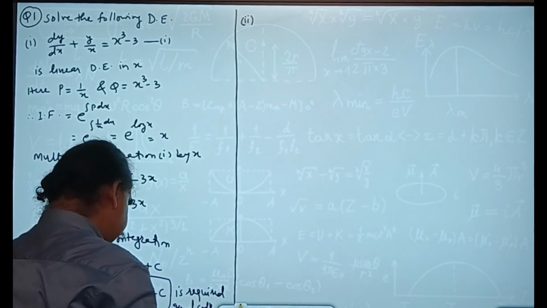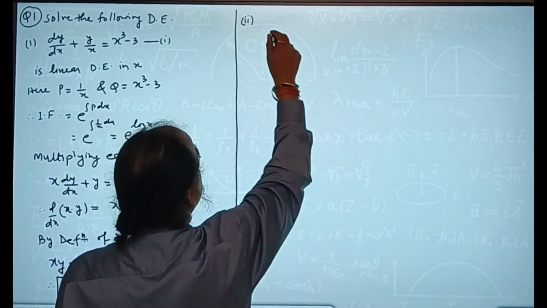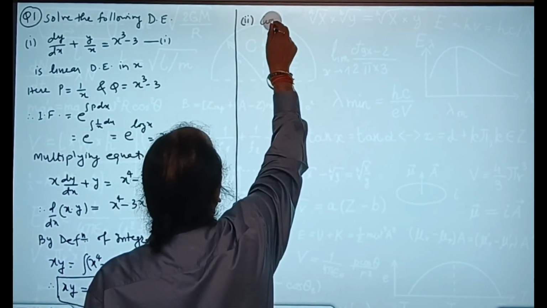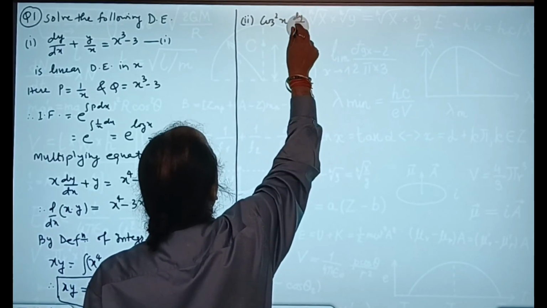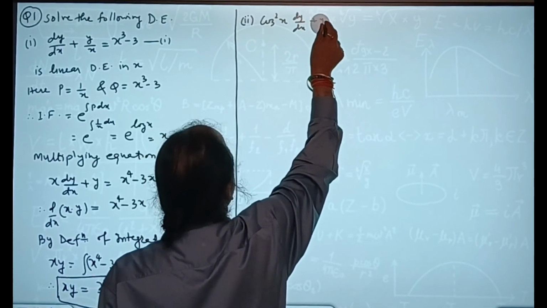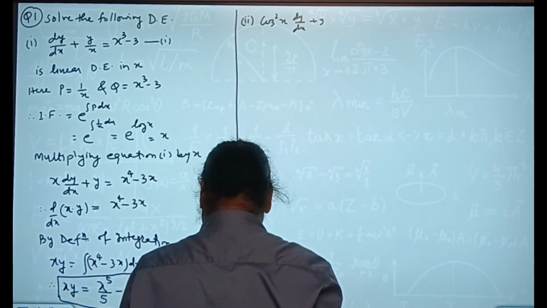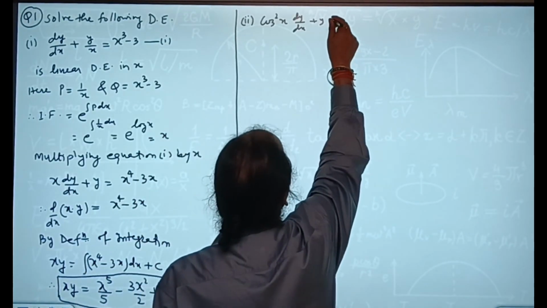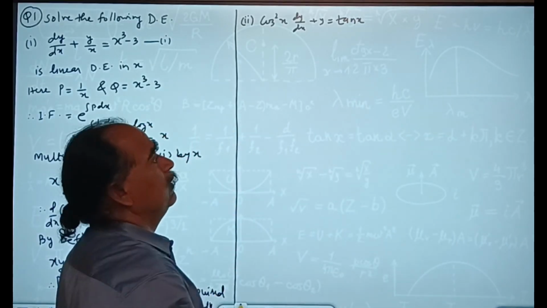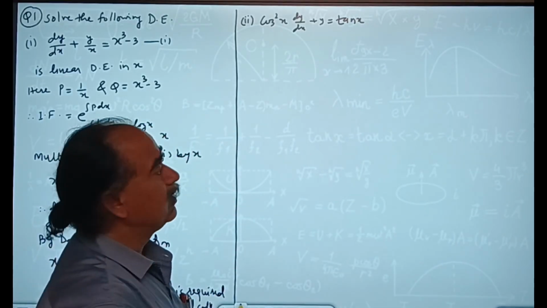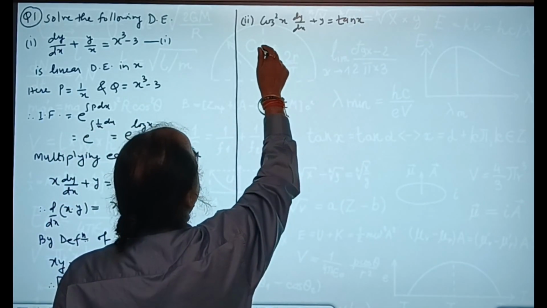Second is cos square x dy by dx plus y is equal to tan x. We will divide by cos square x.